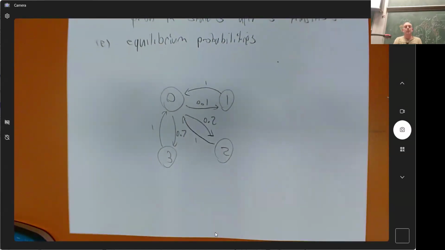Okay. So it seems to me, just thinking vaguely about it, that if you left this machine running for a long time, if you looked at it at an even time point, it would be in state 0. And if you looked at it at an odd time point, it would be most likely to be in state 3.